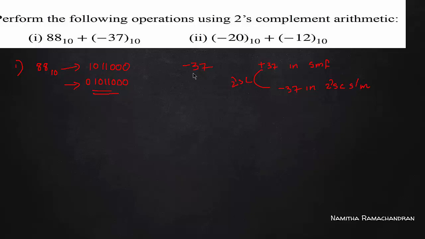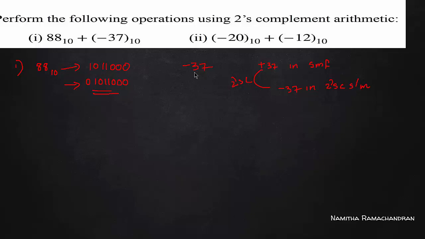Suppose the number is negative 37, start with positive 37. Write the signed magnitude representation corresponding to positive 37 first. Then take its 2's complement form in order to get minus 37 in 2's complement system. Otherwise, take its 1's complement form in order to get minus 37 in 1's complement system.